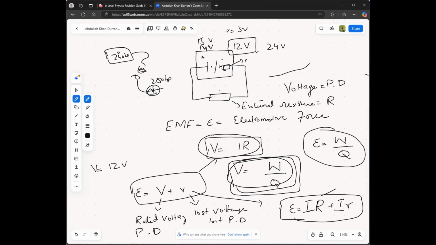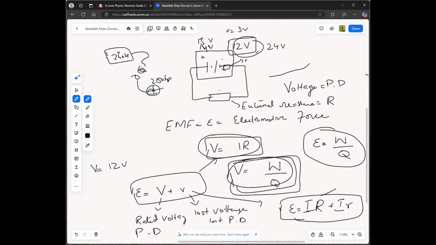But obviously the electronics outside have a resistance, so we need at least 12 volts to run those things. So the battery is designed for an EMF that can split some of its voltage to the internal resistance, and then eventually the voltage that comes out is 12 volts. Does that make sense?